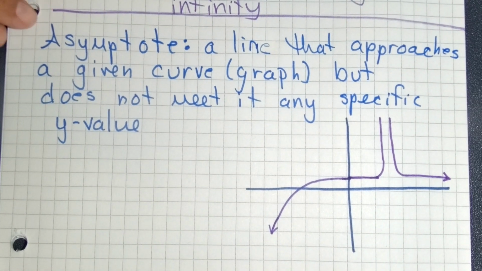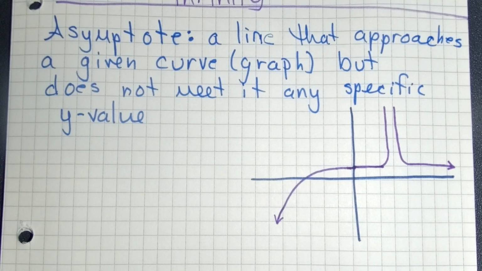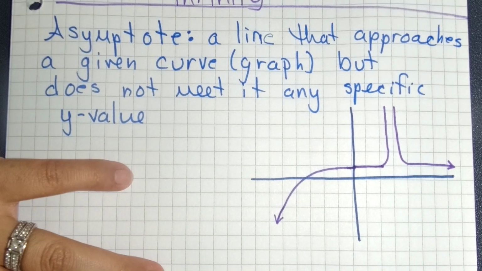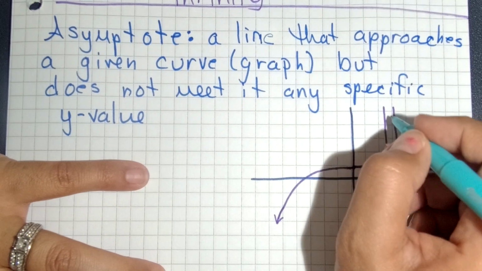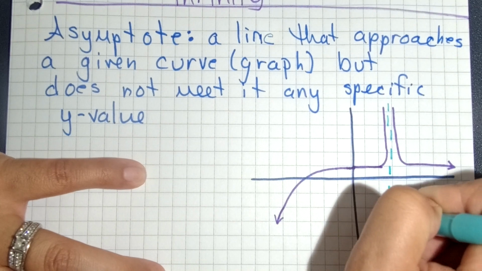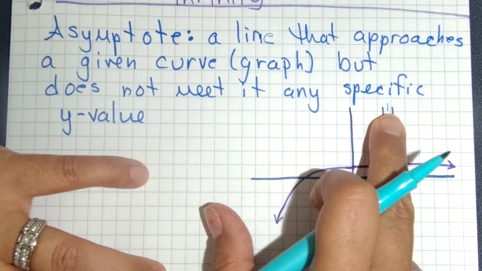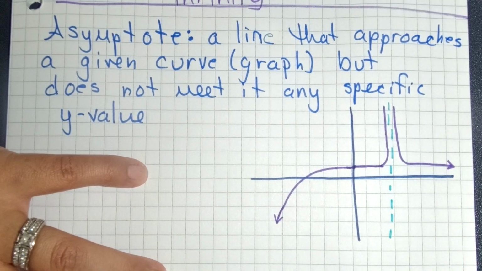So here's a random graph I created. This graph has asymptotes. These are lines that your graph gets closer and closer and closer to, but never touches. So if we look at this, we have one asymptote here. This is an invisible line or an understood line that your graph gets closer and closer to, never touches or crosses.